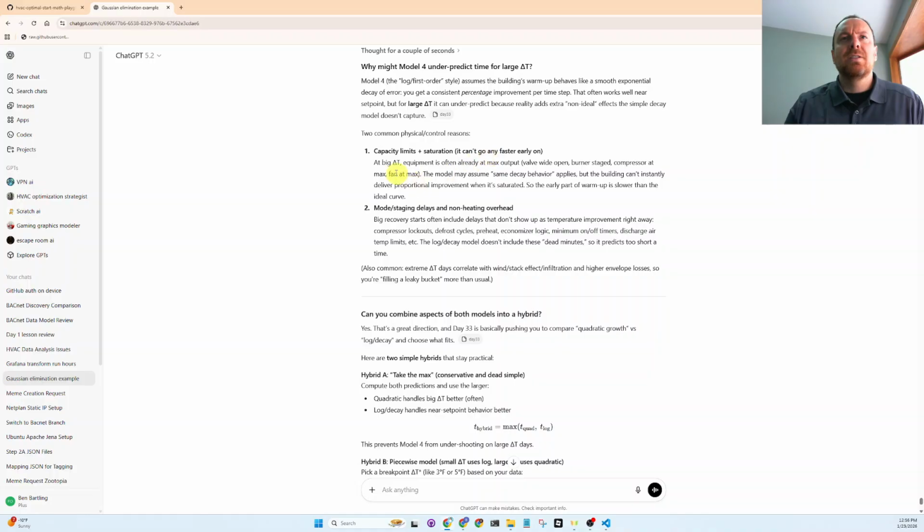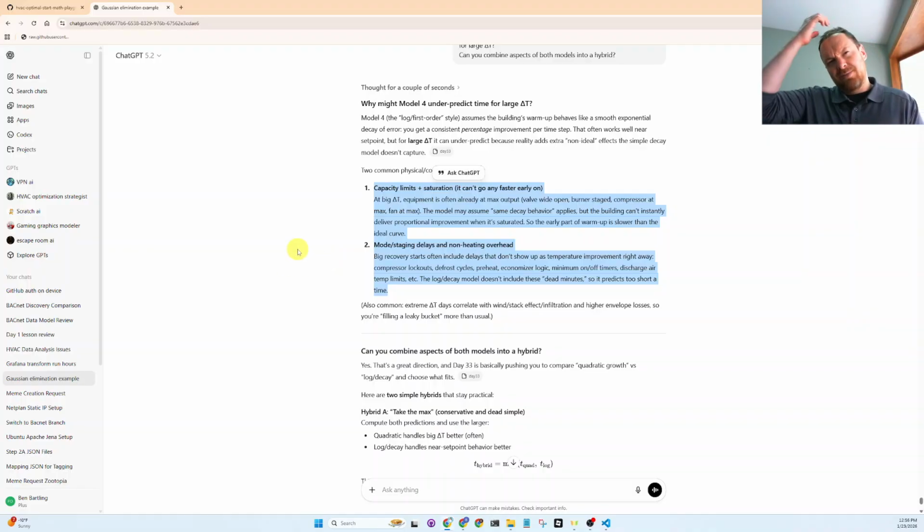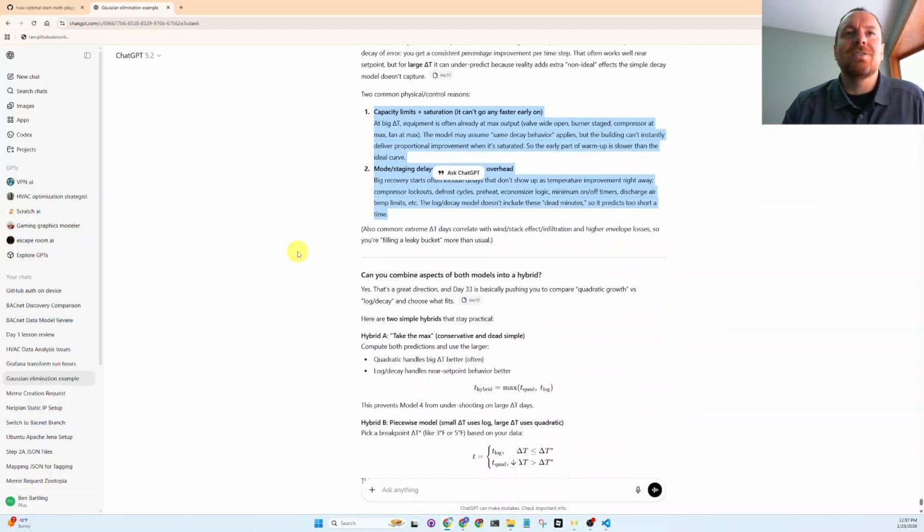Capacity limits: at a big delta T, equipment is often already at maximum output, wide open valve, burner stage up, compressor on. The model may assume the same decay behavior applies, but the building can't constantly deliver proportional improvement when it's saturated. So the early part of the warm-up is slower than the ideal curve. I'm thinking maybe, well, it's interesting because I think the decay rate gets tuned over time, so I'd have to watch it and just look at the results.